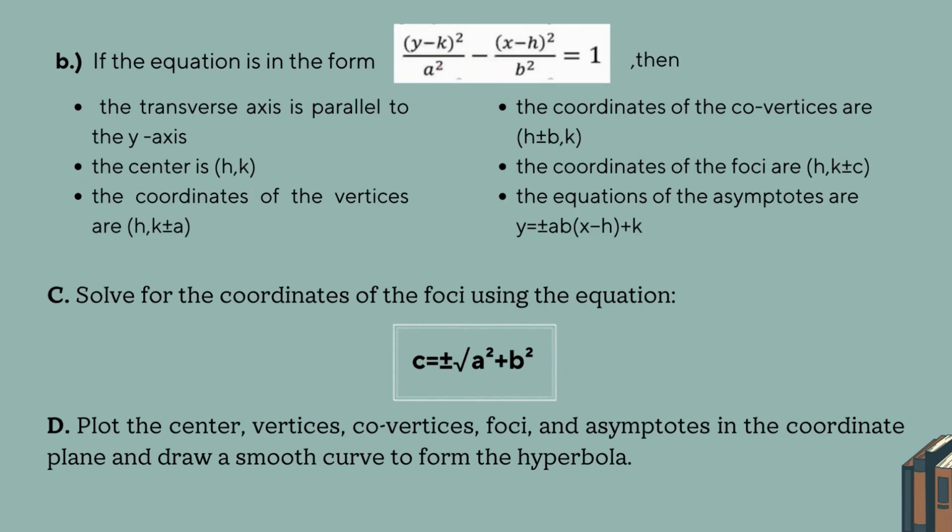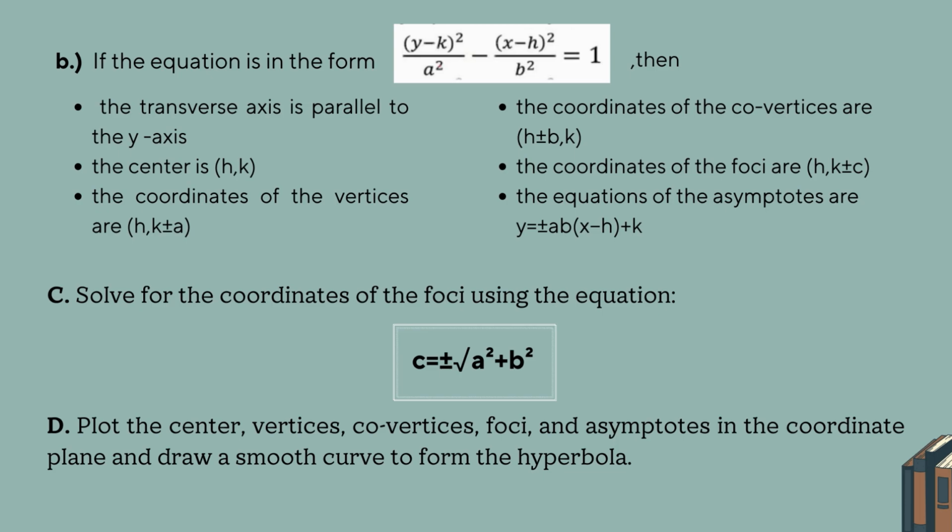If the equation is in the form (y - k)² over a² minus (x - h)² over b² is equal to 1, then our transverse axis is parallel to the y-axis, which means it is vertical. The center is at (h, k).